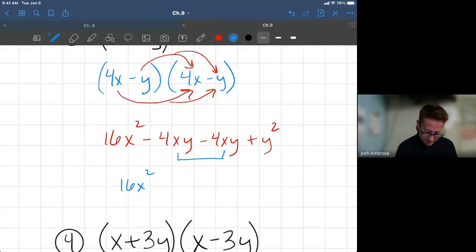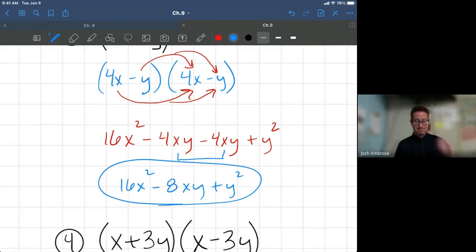So that makes a negative 8. And remember, when you're using addition and subtraction with variables and exponents, you keep the same variable and exponent. All right, so xy is still there, and then plus y squared. All right, there's the answer for that one.